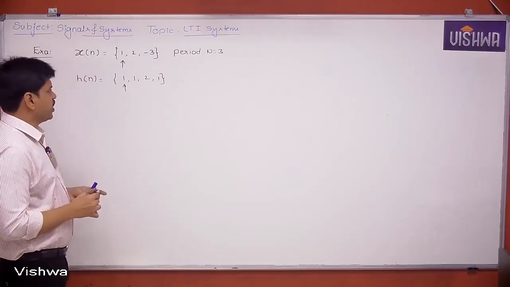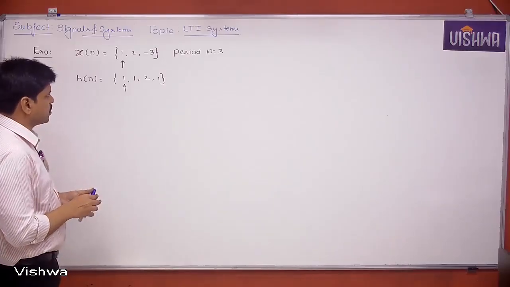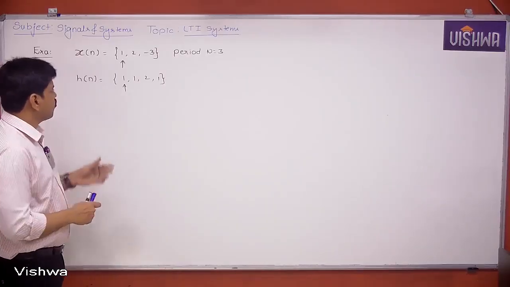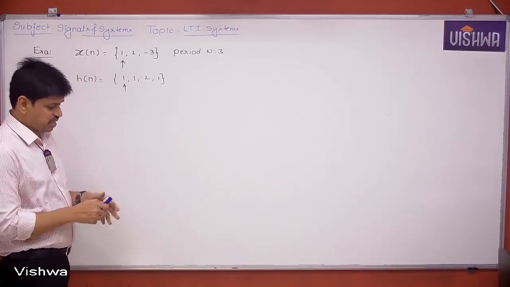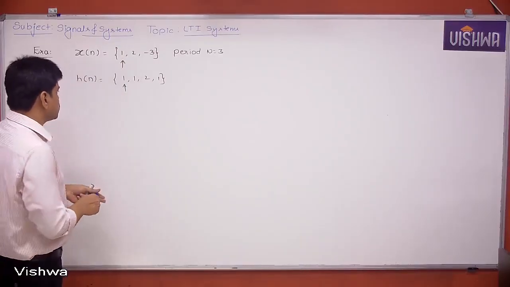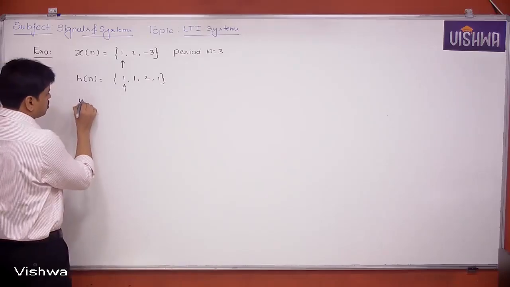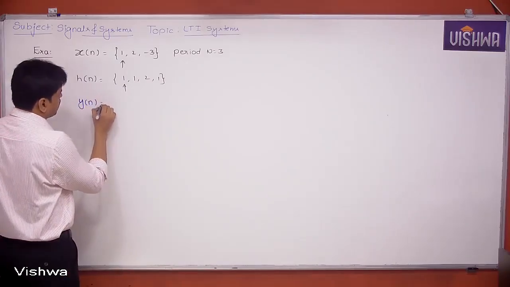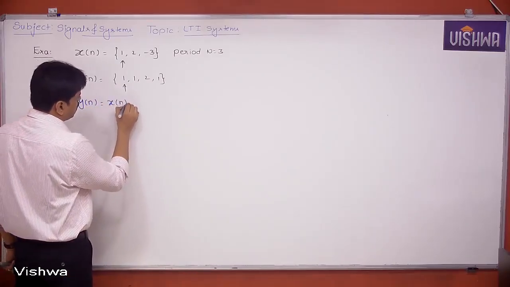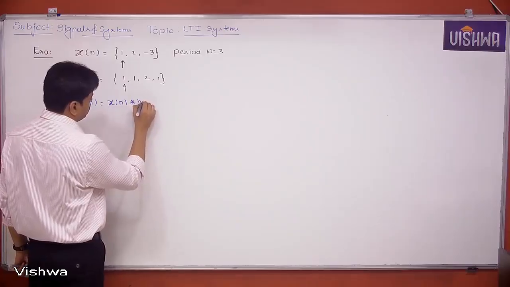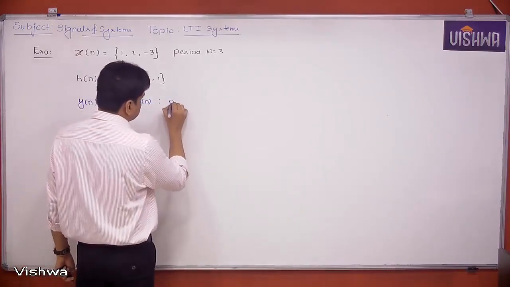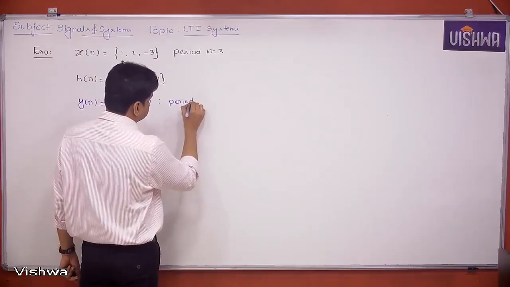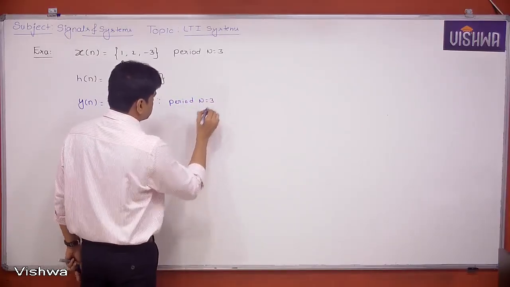Now we need to find the output y of n. I told you, for an LTI system, if the input is periodic, then the output is also periodic with the same period 3. So y of n, which is x of n convolved with h of n, is also periodic with period N equal to 3.